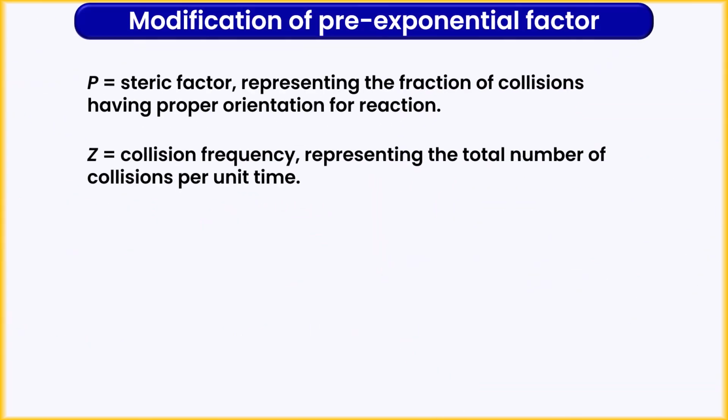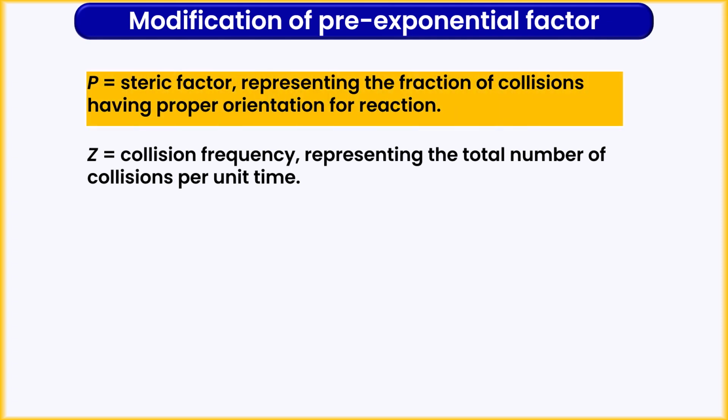This discrepancy arises mainly because only a fraction of the total collisions are actually effective in leading to reaction. There are two important factors responsible for this. First, for a reaction to occur, the reactant molecules must collide with the proper orientation.